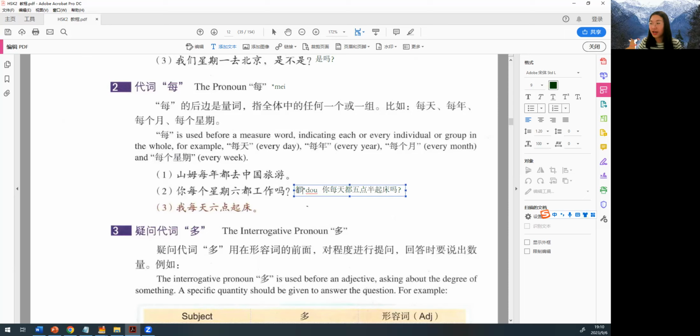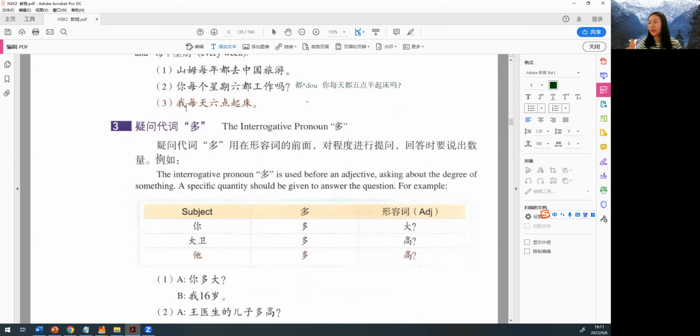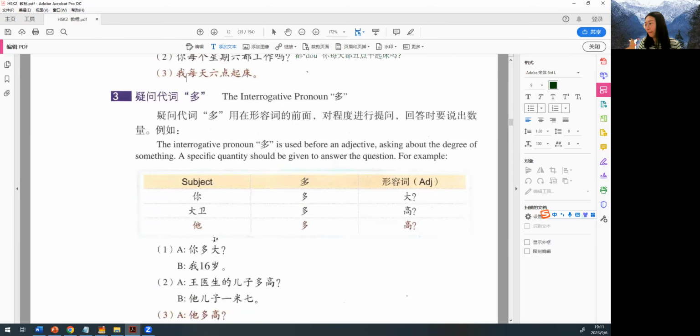The 都 in this sentence is just a helping word to express a stronger feeling. So number 3 is so easy to understand. Every day 每天 I wake up at 6. 起床 wake up. 我每天6点起床.